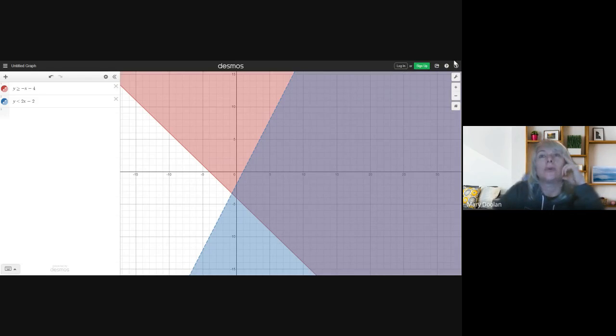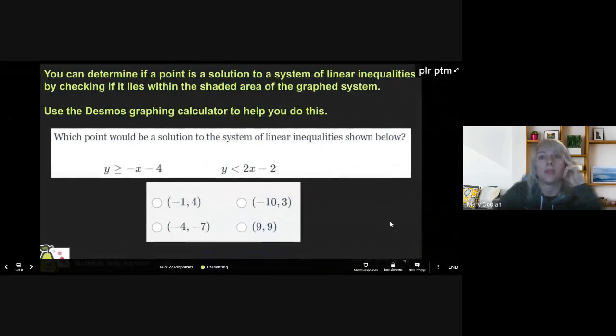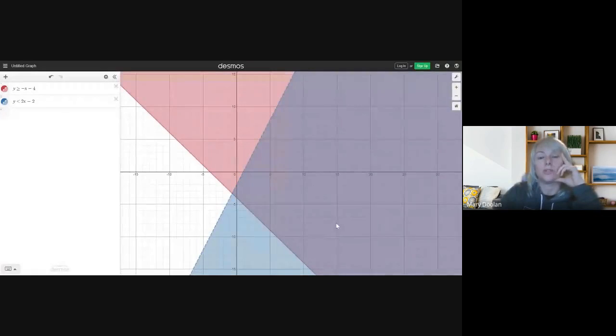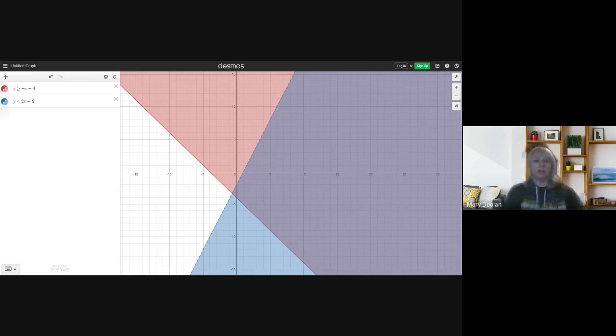Now, if I look at the question, my choices are negative 1, 4; negative 4, negative 7; negative 10, 3; and 9, 9. Using this picture, you need to decide which of those points would fall into the purple area.